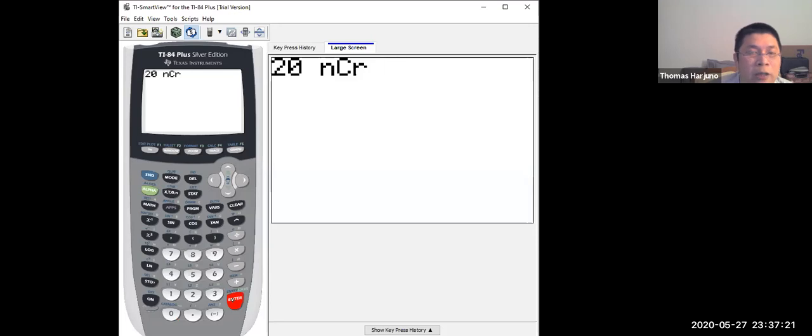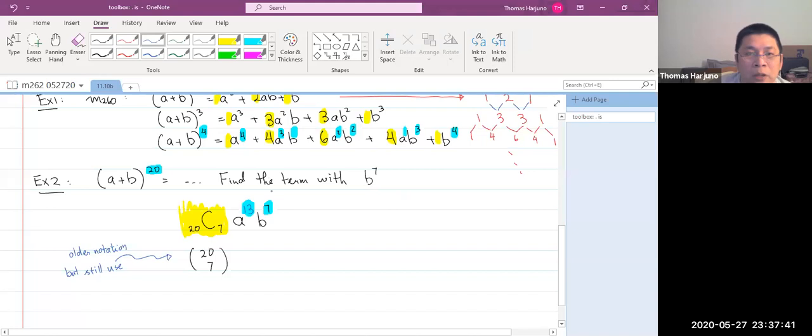So 20 combination 7, and then enter. I don't think you use a TI-84 though. Suppose you use a TI-30. Let me write it down first. What did I get earlier? 77520. That's 77520 a to the 13th, b to the 7th.